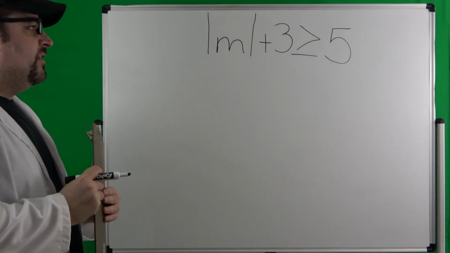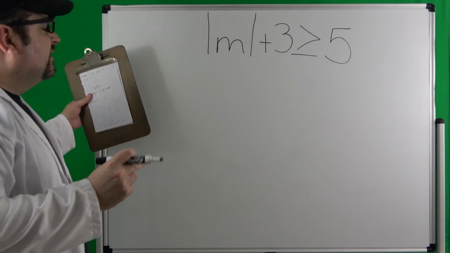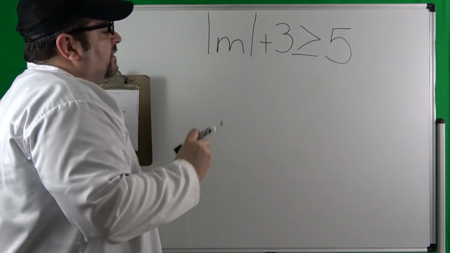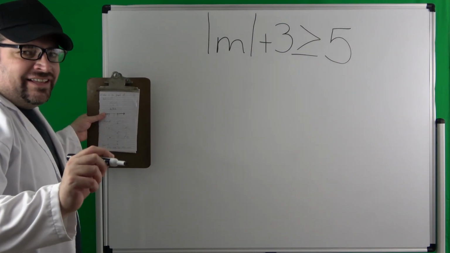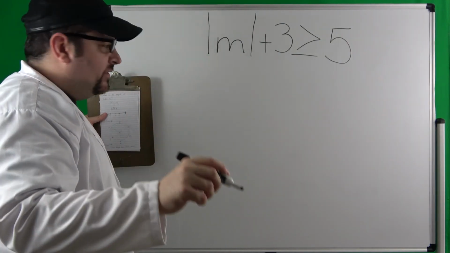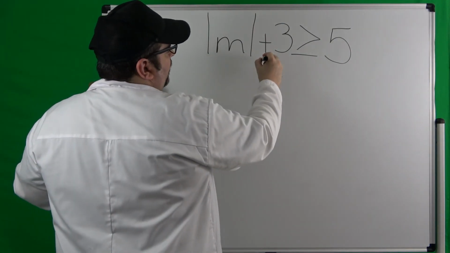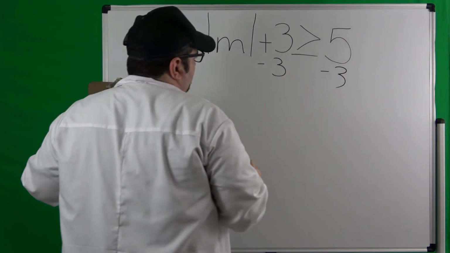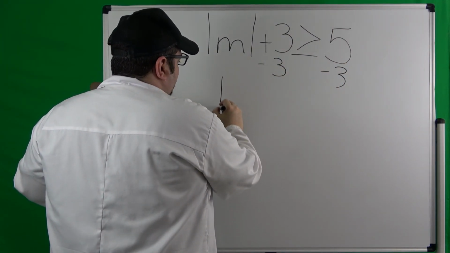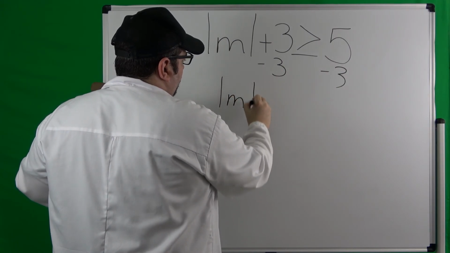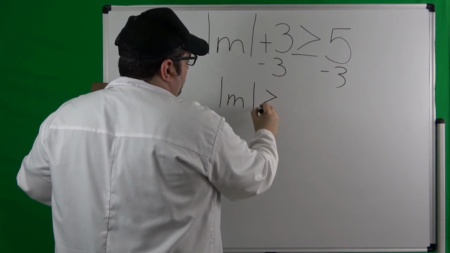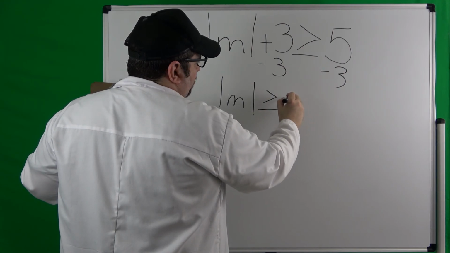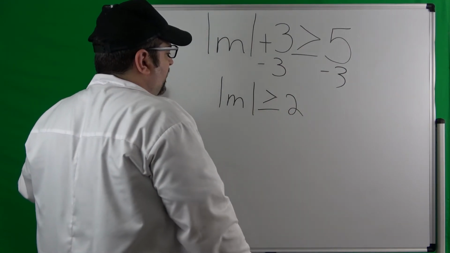They haven't done this in forever, even though this is basic, just because it's a little tricky. The first thing you want to do is isolate the absolute value. To do that, we're going to subtract 3 from both sides. So we have the absolute value of m is greater than or equal to 2.